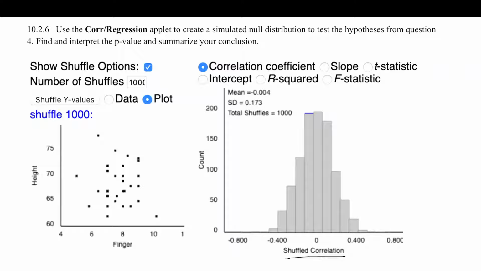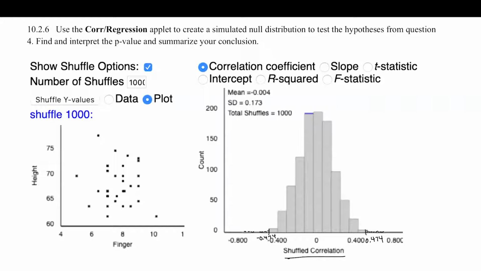So basically what I'm asking is, if I assume through my simulation that there is no association, how likely would it be to get a correlation at least as extreme as 0.474 in both directions, so also negative 0.474. I want the computer to count how many correlation coefficients out of 1,000 simulated ones were at least as extreme as 0.474.